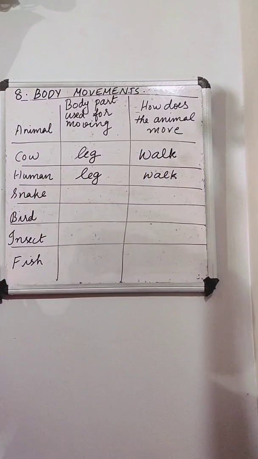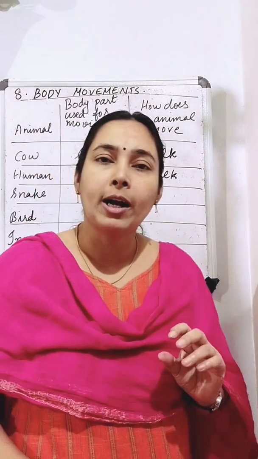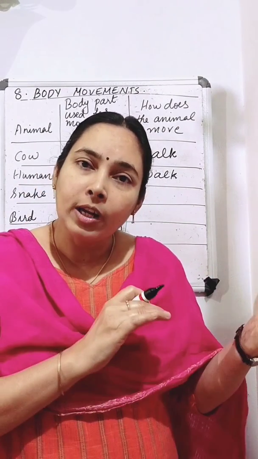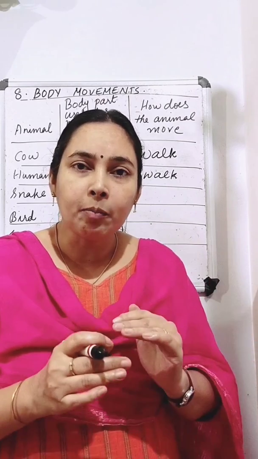Then what about a snake? Which part is moving? Only tail, only head, or any other part? No. Most snakes move in a serpentine way. The snake pushes at the point where its body bends, and that propels it sideways.